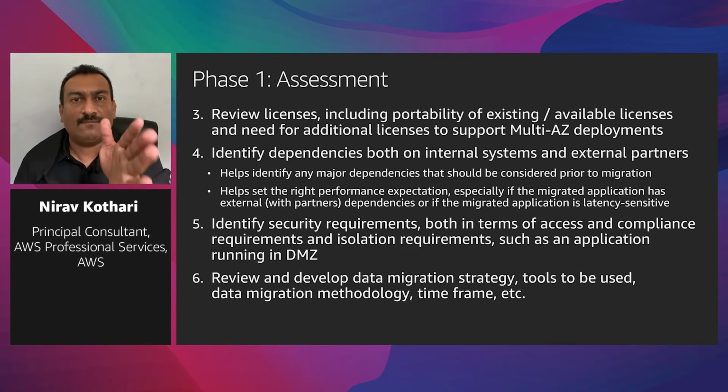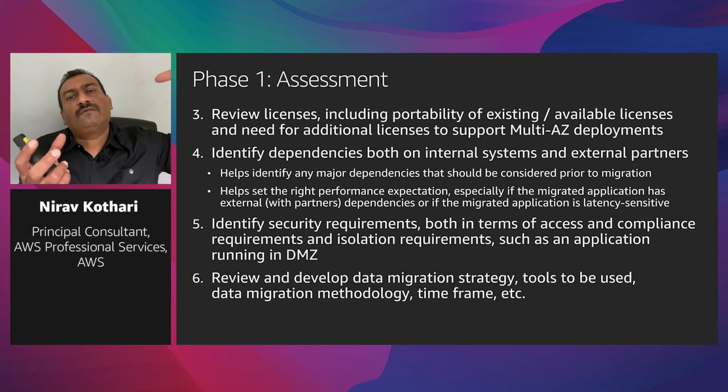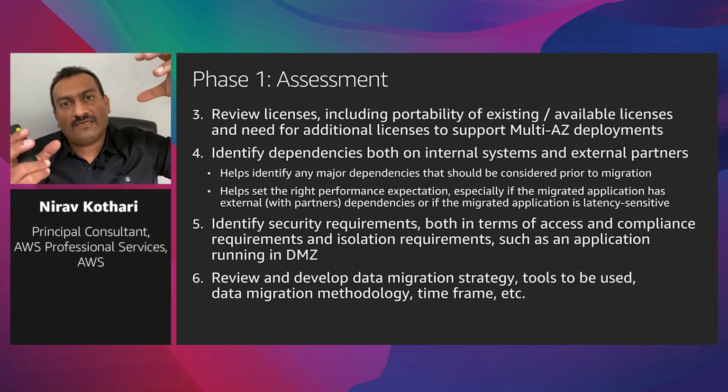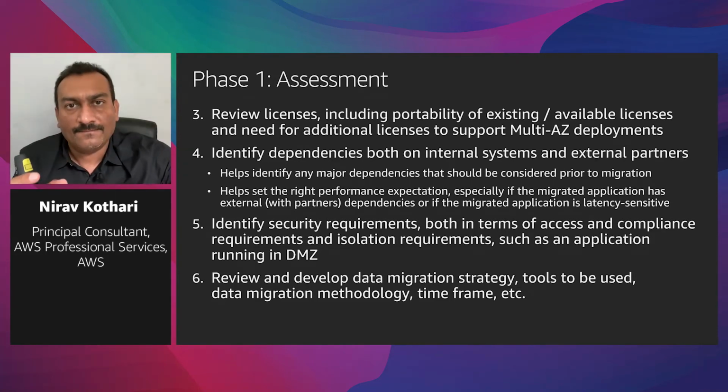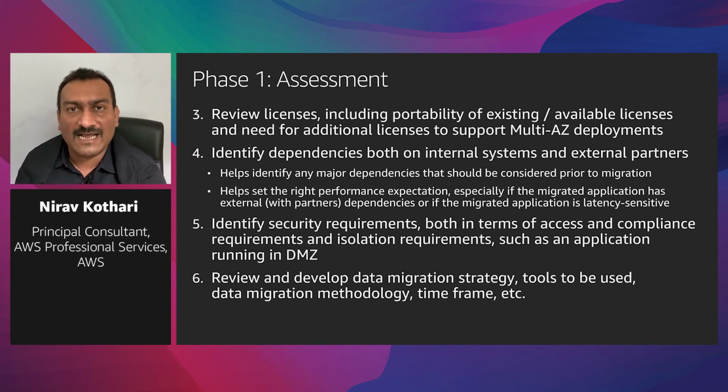Because when you start planning migration, remember, timeline is one of the aspects of planning. And from a timeline standpoint, all the upstream and downstream dependencies will have to be notified. You'll have to ensure that they are aware that the candidate application is going away. It's going away into cloud. Okay? Same thing with external dependencies. You might have a partner, your vendor, where you might have to go and set up new VPN connections or whitelist IP addresses.